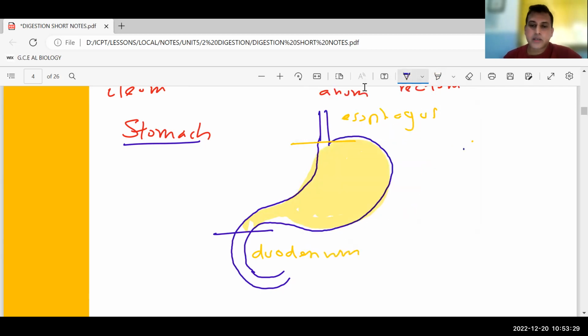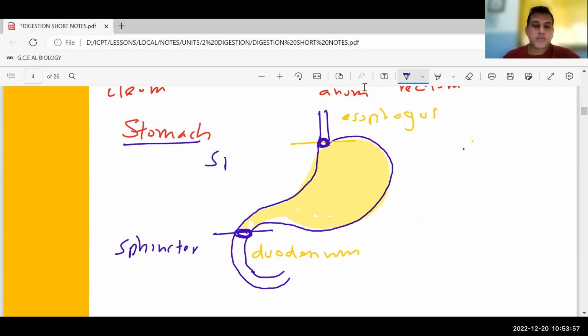Okay, there is a control system from the start to the end. So here there is a strong control system, and there is again another control system. These control systems are made out of smooth muscles, and we call them sphincters.